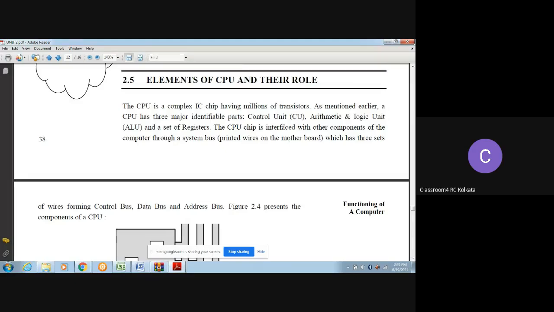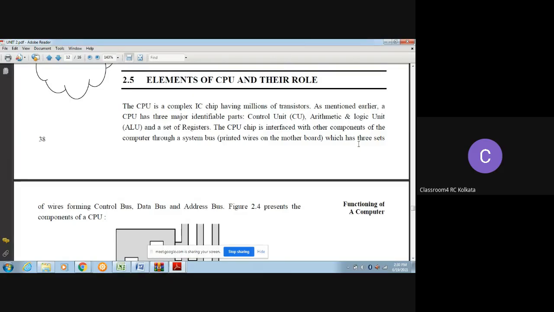And what are the functions of the control unit? I told you before, the control unit basically controls the data which is sent from the memory to the CPU, and also vice versa, and also the different operations of the arithmetic logic unit and different operations of the registers. These are all controlled by the control unit.